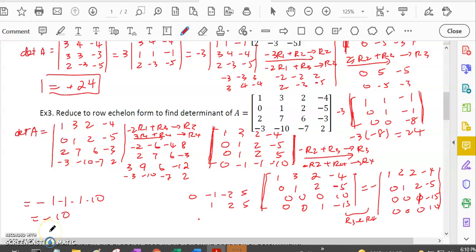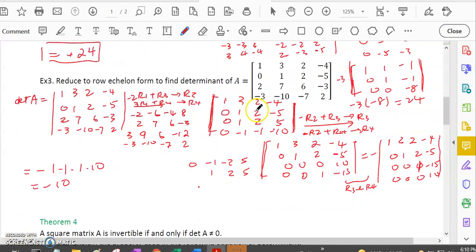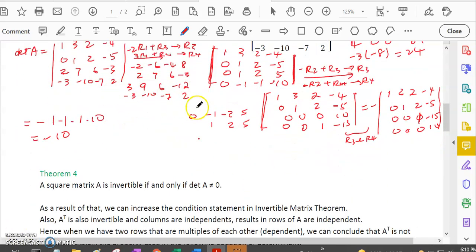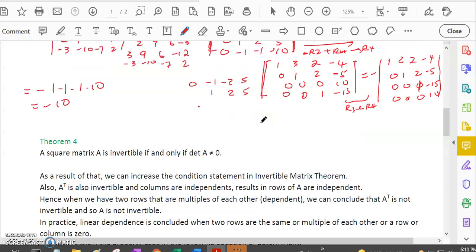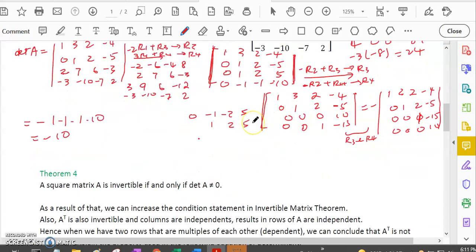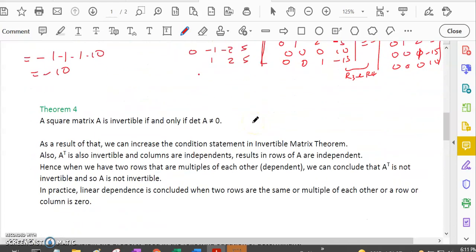So that is one way to find it. If you're good at elementary row operations, it's a little faster than cofactor expansion. And you can also see that when you are doing this, imagine we have a situation where we have a row A, B, C, D, for example, and then a dependent row, 2A, 2B, 2C, 2D.